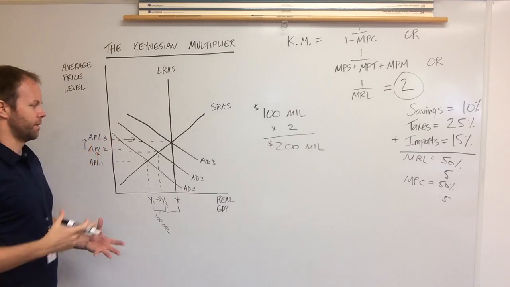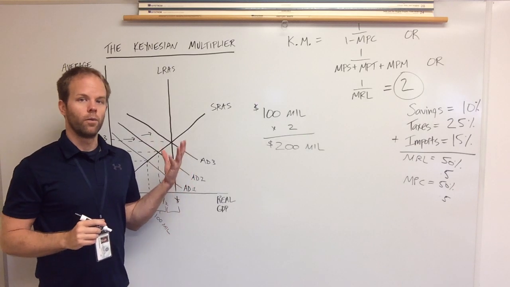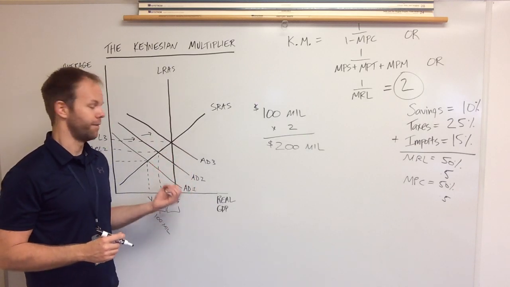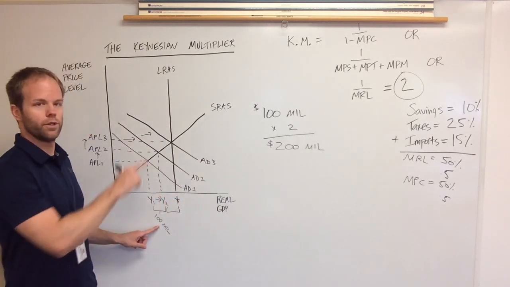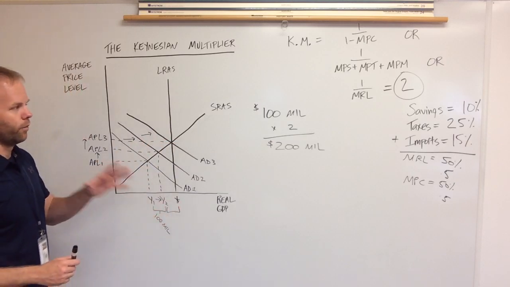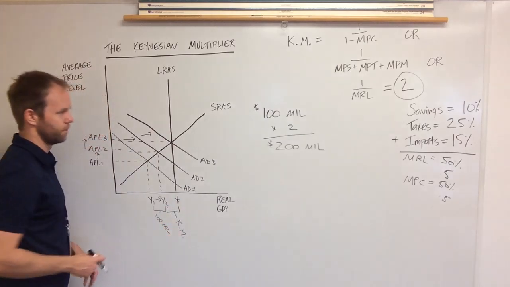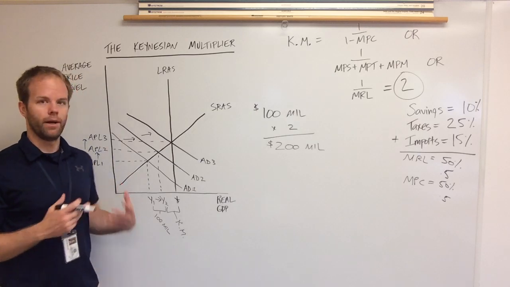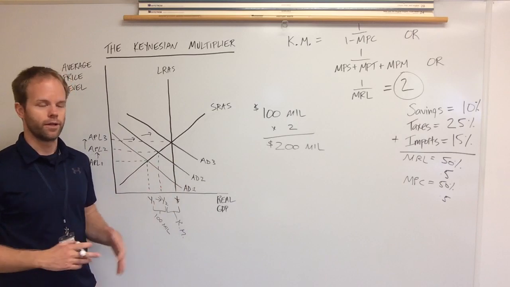Hopefully this shows that as a result of the Keynesian multiplier, we need to show that there are actually two shifts of aggregate demand. There's the initial increase of 100 million, which is the amount of the government spending project, and then the Keynesian multiplier, which is the additional increase in spending by consumers and businesses that will result in another increase in aggregate demand.